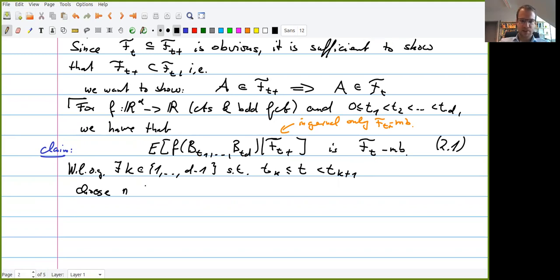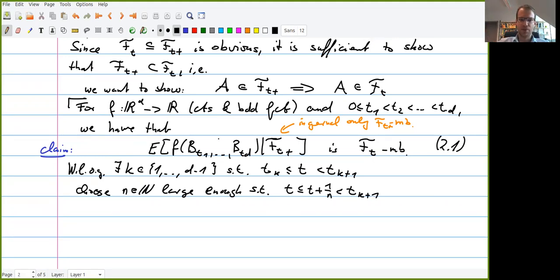And next, we want to choose n, a real number, large enough such that if I add this 1 over n to t, it's still less than t_{k+1}, right?